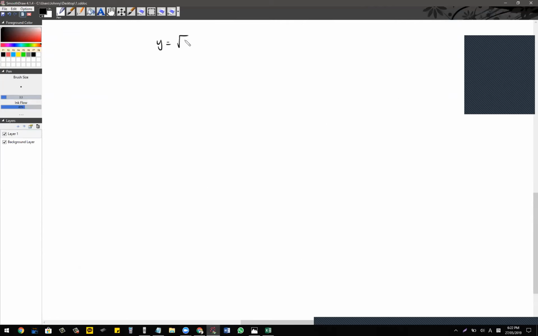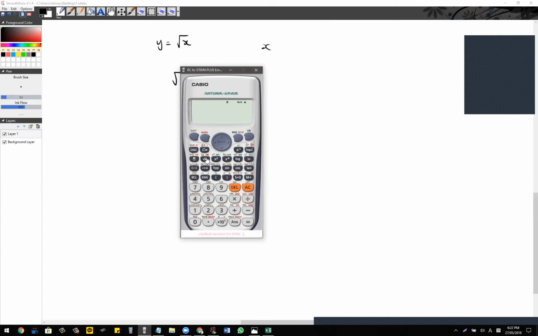Now, if I give you y equals square root x, and I don't give you any domain, all right, then you have to take the largest possible domain. See, inside of the square root, you cannot have a negative number. The reason is, I'll show you. If you have square root of -2, that gives you a math error, right?